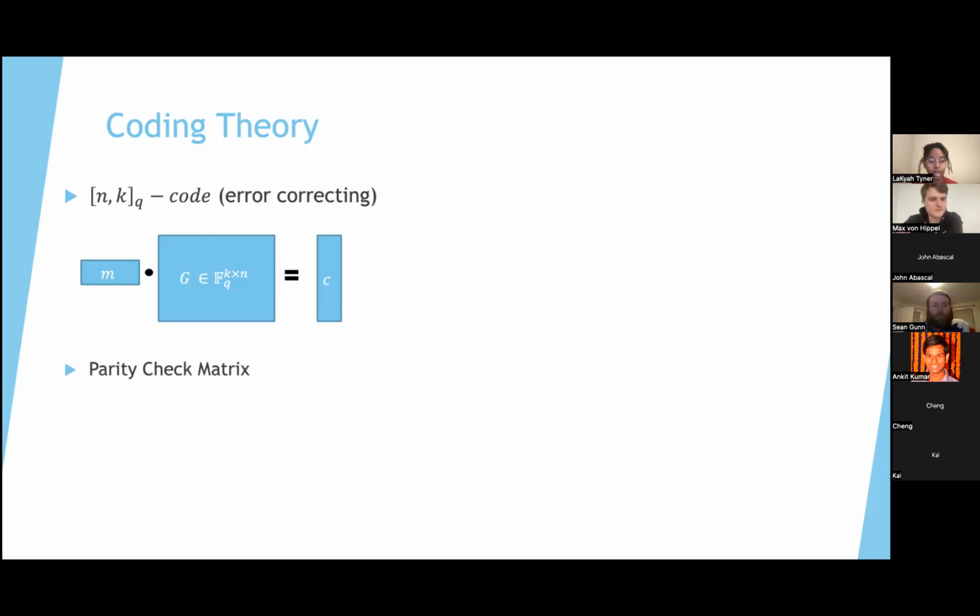In order to do that, we need this parity check matrix P, which has a very special property: P times any code word is equal to 0.